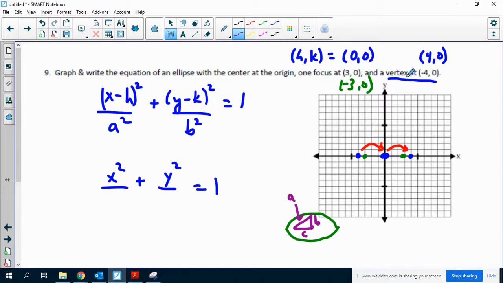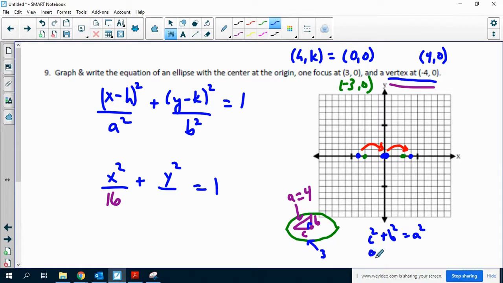So that means since the vertex is 4 units away, I would put a 16 under here, since that is a length of 4. And then I know that my focal length is 3. Now I can just do the Pythagorean theorem, where in this case it is c squared plus b squared equals a squared.